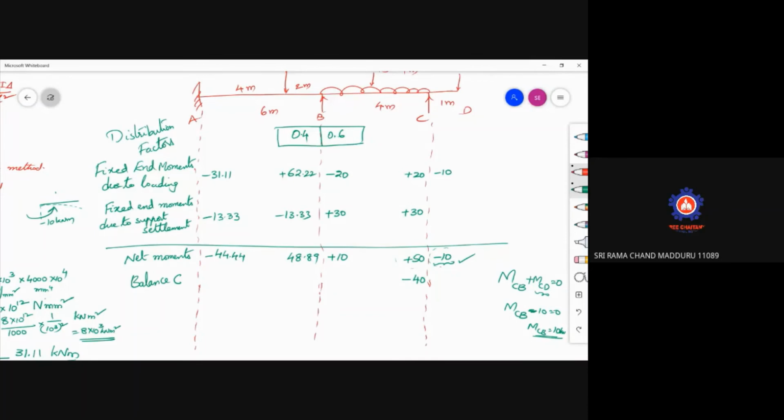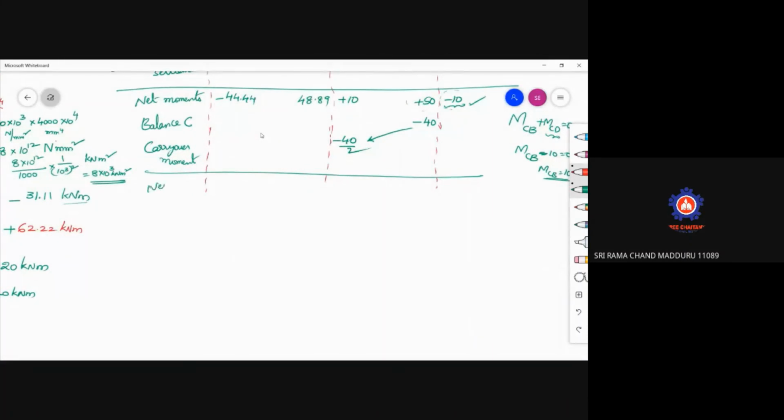If I make minus 40, then obviously the final end moment will be plus 10 only. When I am balancing C, carryover moment will be there. So the carryover moment to the far end is minus 40 by 2.